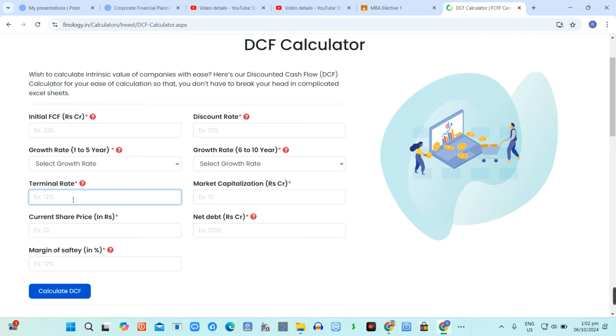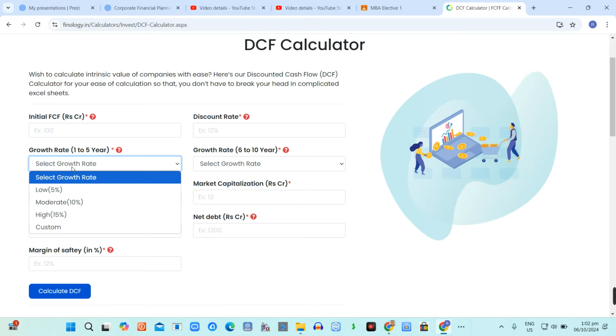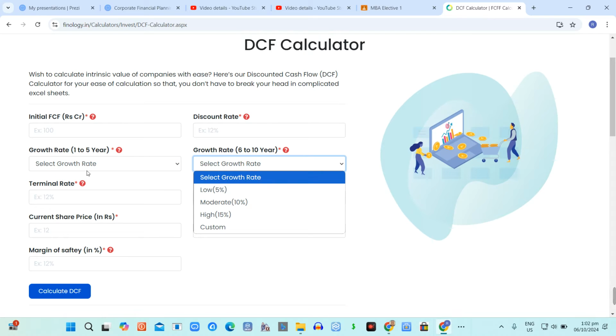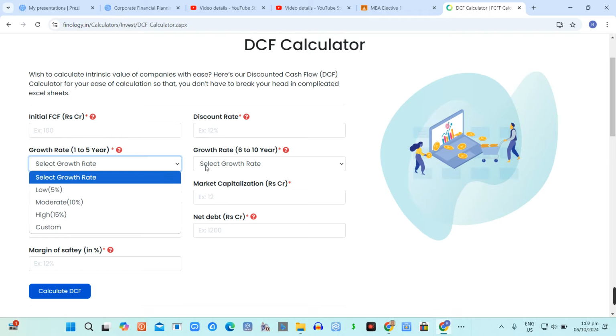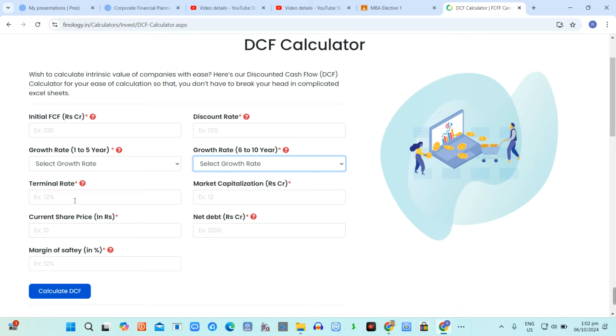And the terminal rate will be after 10 years. It'll flatten out. Usually, the growth rate for the first 1 to 5 years would be higher than the 6 to 10 years. It can be that 1 to 5 years is higher than 6 to 10 years. And then this one is usually lower, like 1%.